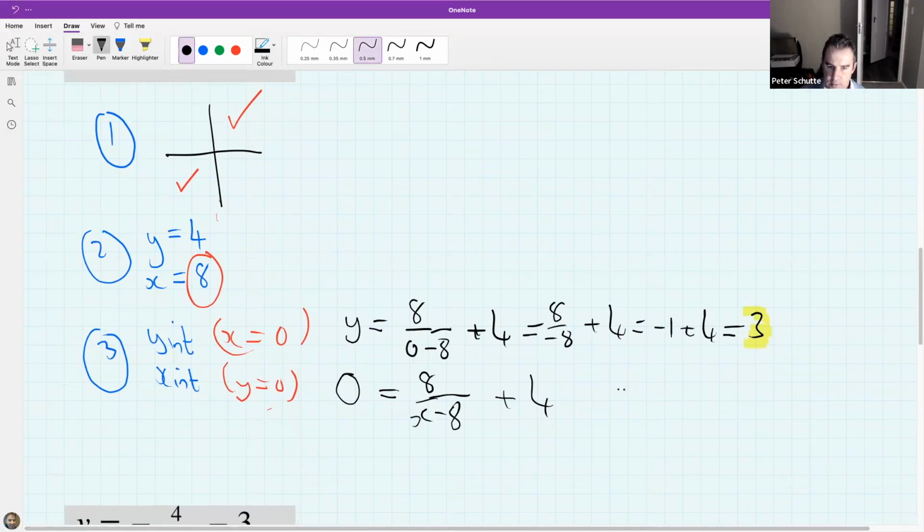So what I'm going to do is I'm going to move the -4 to that side, and then I'm going to multiply this by this. Now, some of you will have a shorter way of doing this, and I don't mind that.